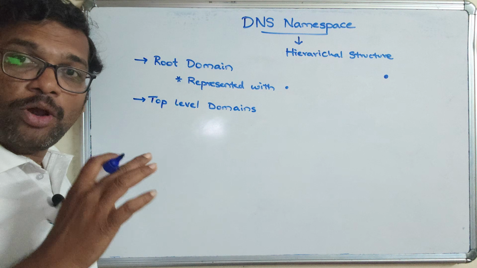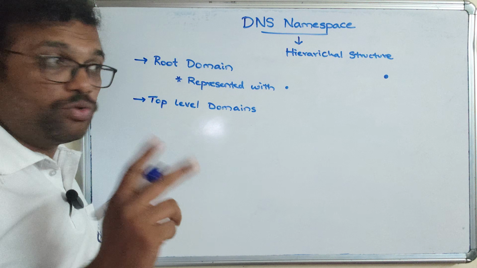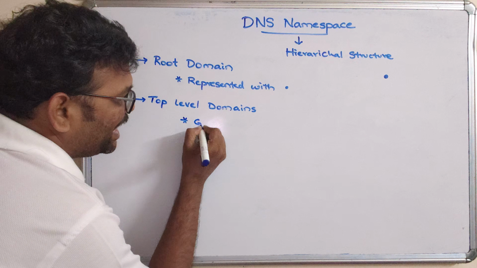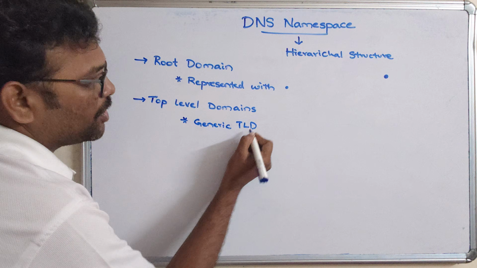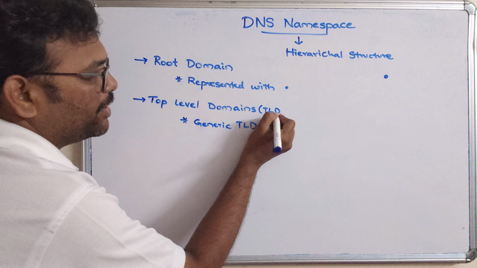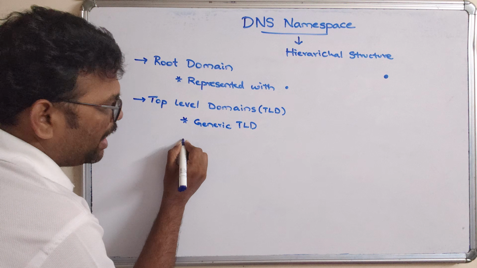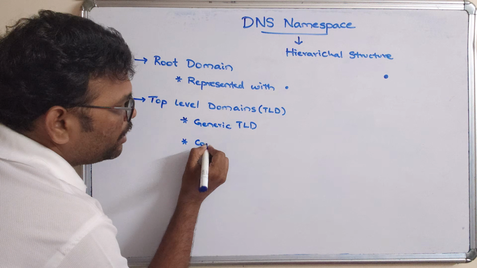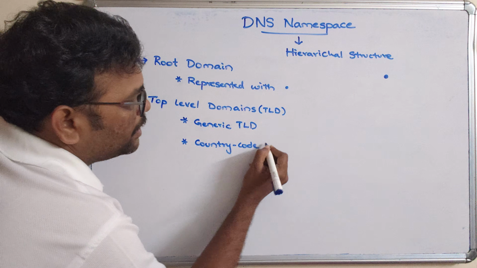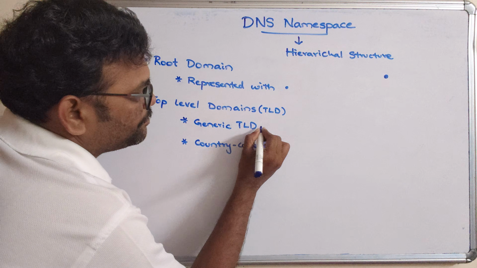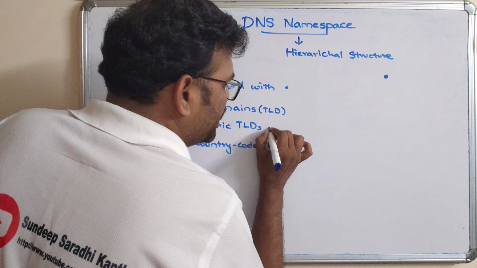Usually these top level domains are again classified into two categories. One is generic TLDs. This is usually called a TLD, top level domain, and another one is country code TLDs.